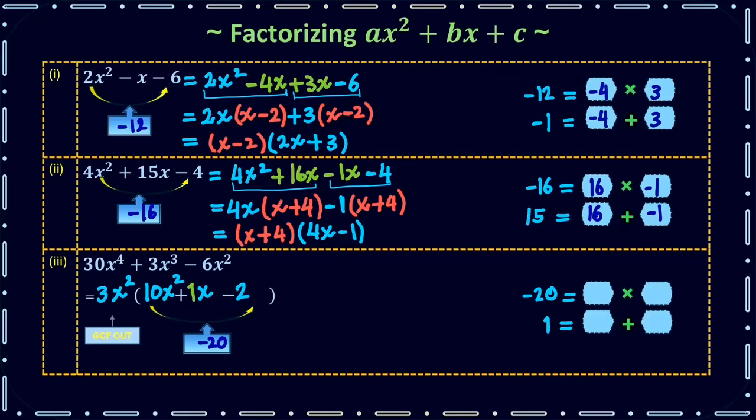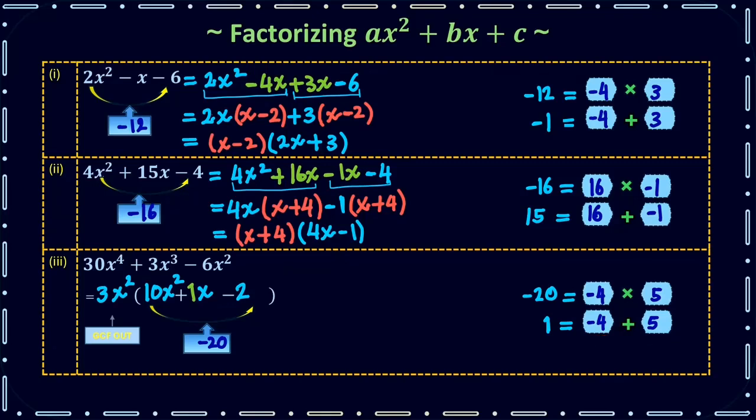So I hope that you all can think of what these numbers are. Let's say -4 and 5. They multiply to -20. -4 plus 5 is 1. Again, the order of writing doesn't matter. I could write 5 and then -4. It doesn't make any difference.